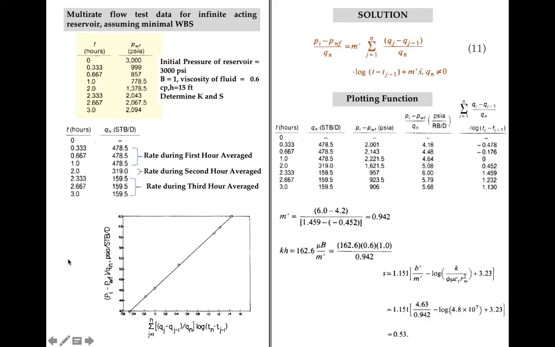Okay, so here what you can see is that you are given the value of Q, right? So this is the average value of rate during the first hour, right? So for the first hour this rate has been averaged, for the second hour the rate has been averaged, and for the next 3 hours, the rate has been averaged 159, right?